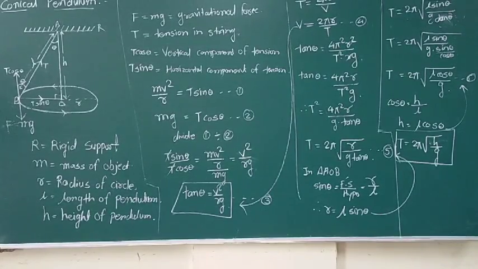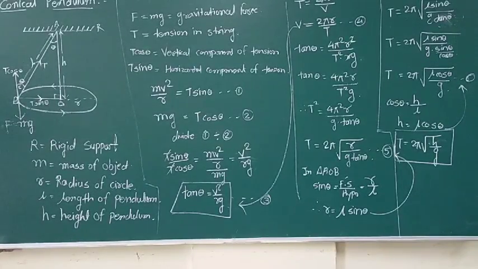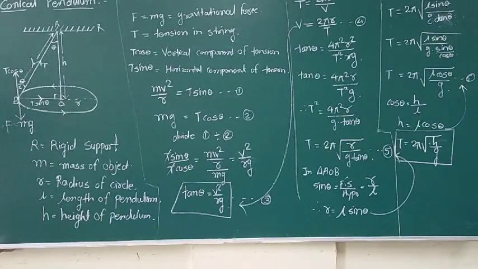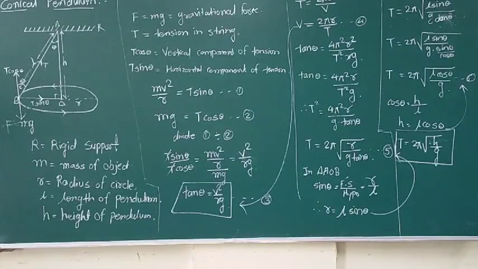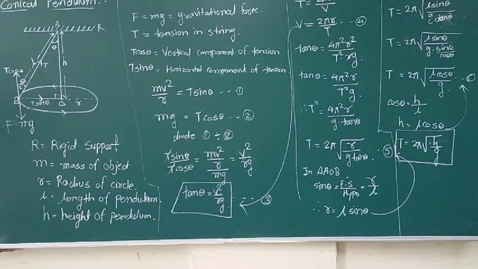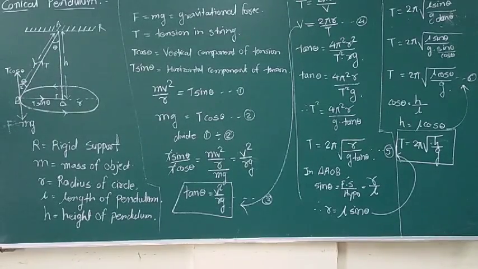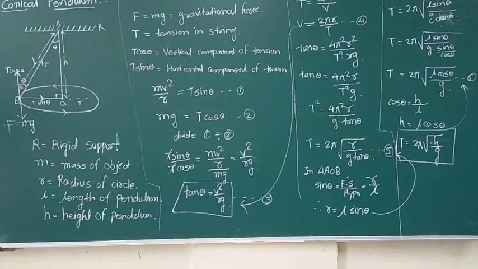Now observe the diagram. Triangle AOB is a right angle triangle. So sin theta is equal to front side upon hypotenuse. The front side of theta is the radius of the circle and the hypotenuse is the length of the pendulum.